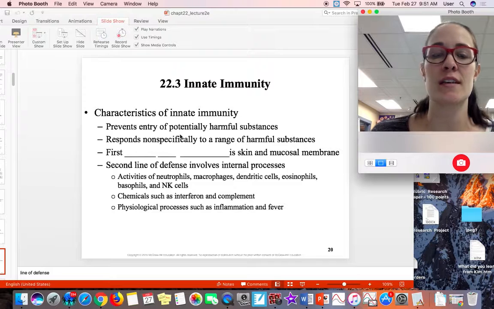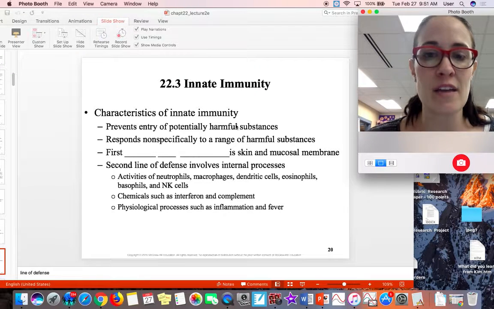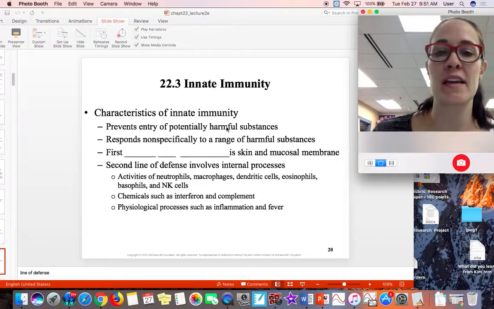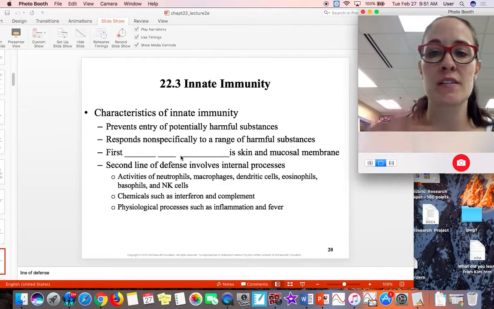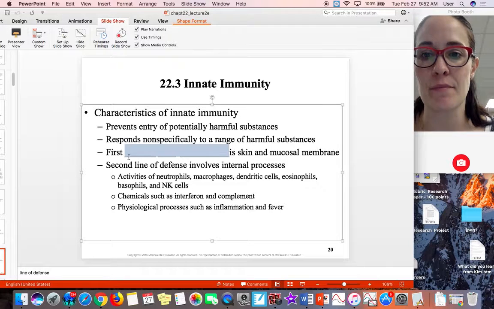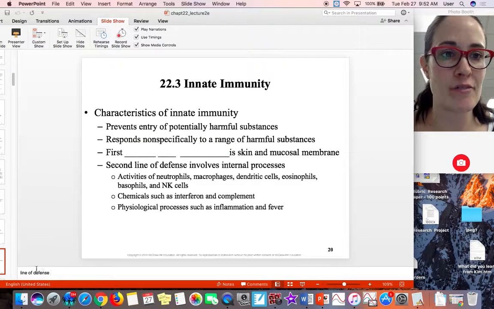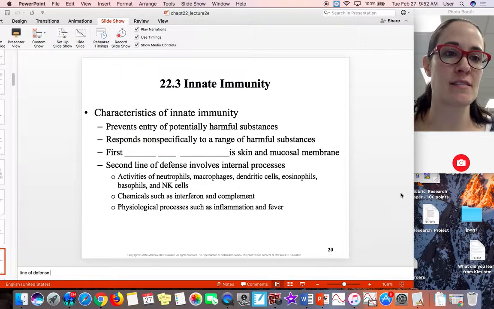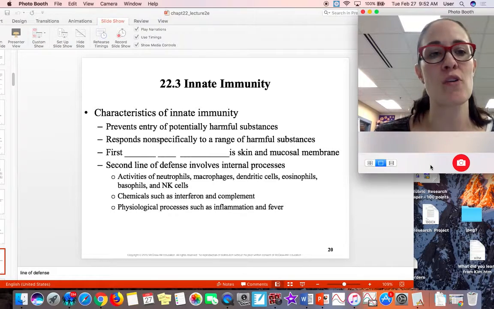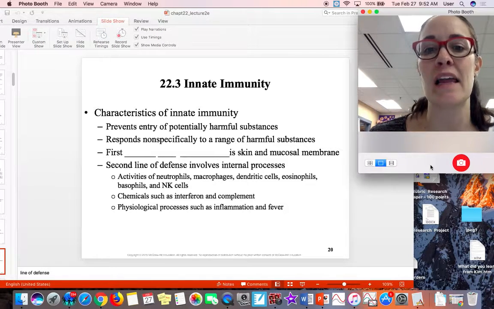So characteristics of innate immunity. It prevents things from getting in. And it responds non-specifically, like I said before. And the first line of defense, so the answer here, and you can see it down here too as well. I don't need to type it out for you. But so the first line of defense is considered your skin and then your mucous membranes that line your body cavities or the outside of your body.